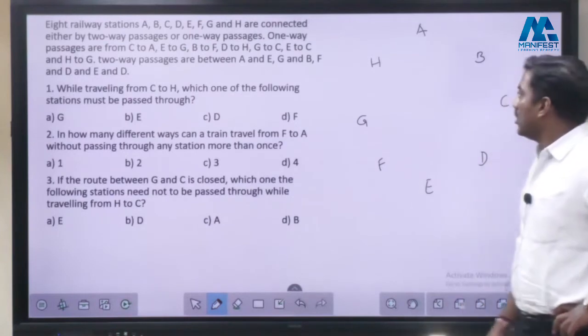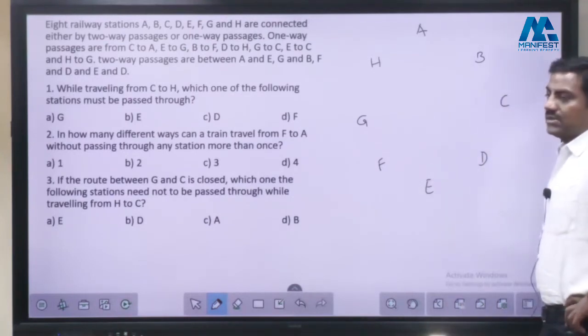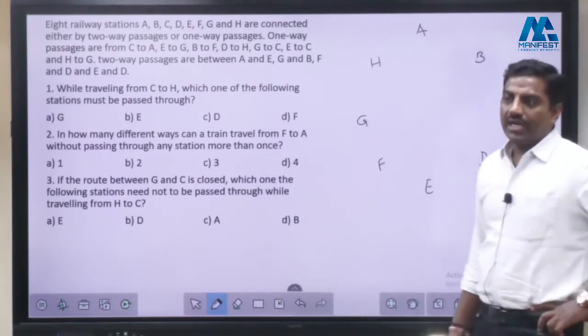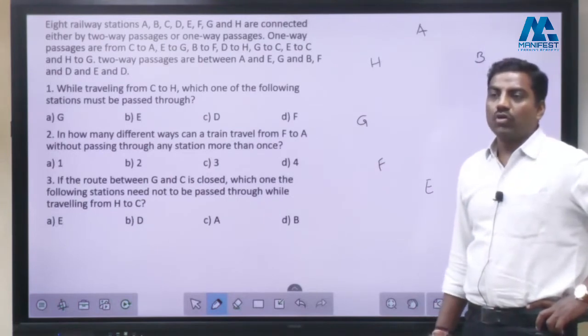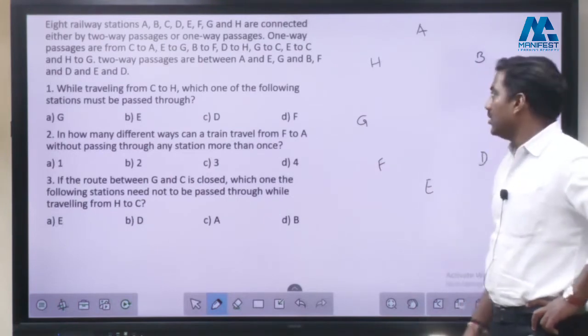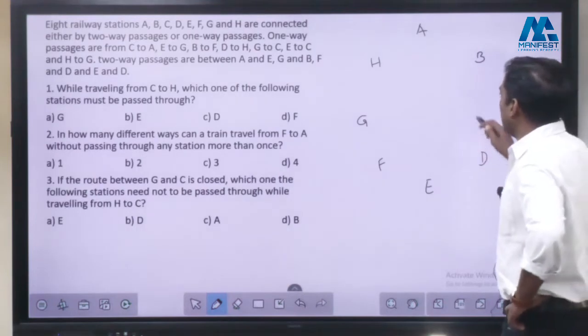One-way passages. That means the vehicles can go only one way. It cannot come back. C to A is 1.